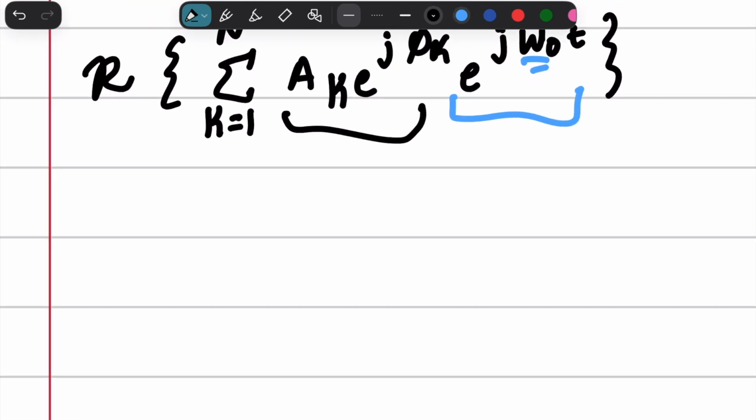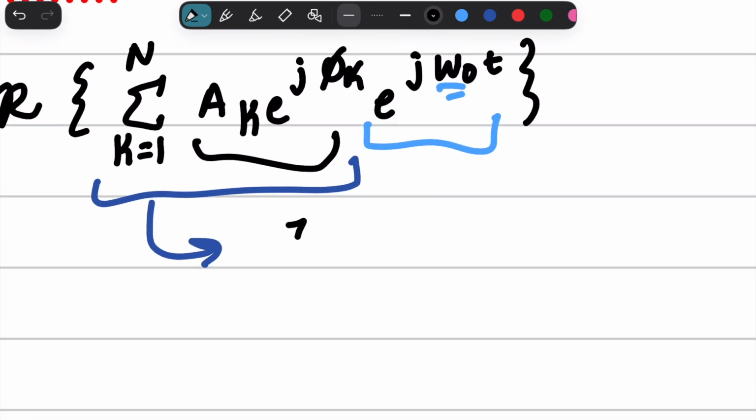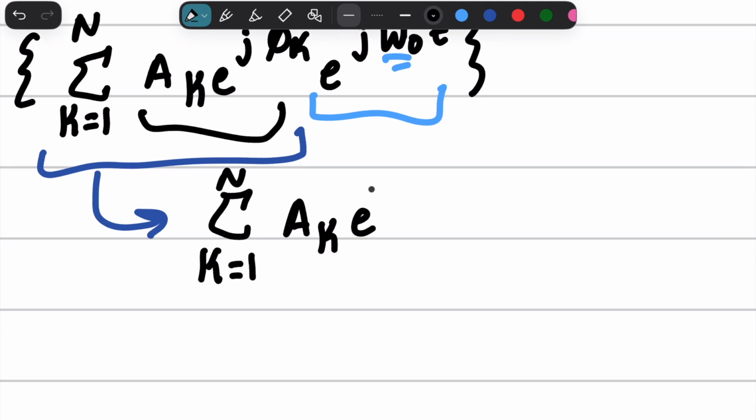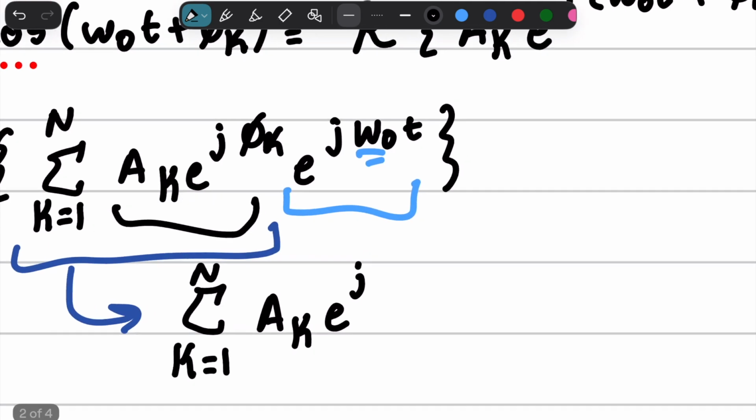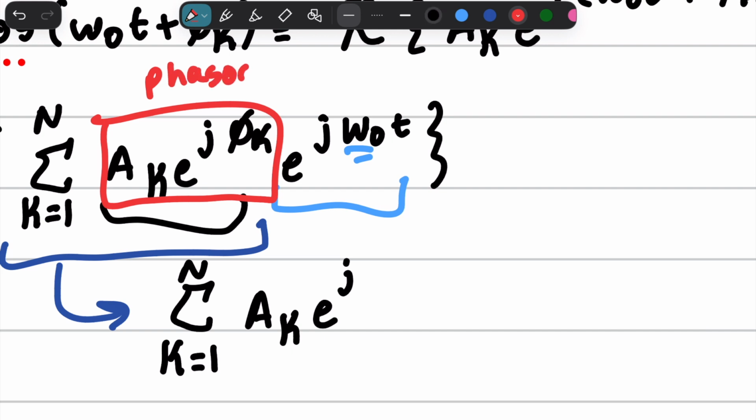The cool thing about this part is that it too gets simplified down, the sum of all of those complex parts, right? The phasor. This is called the phasor. That's why it's called phasor addition.